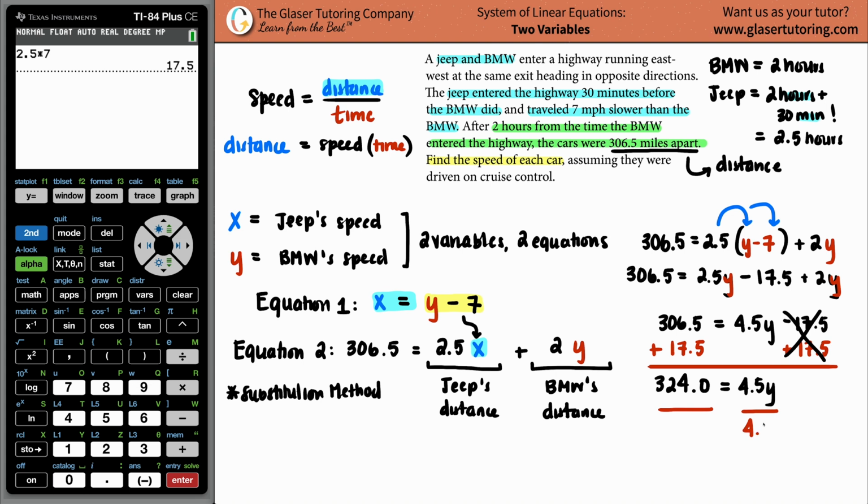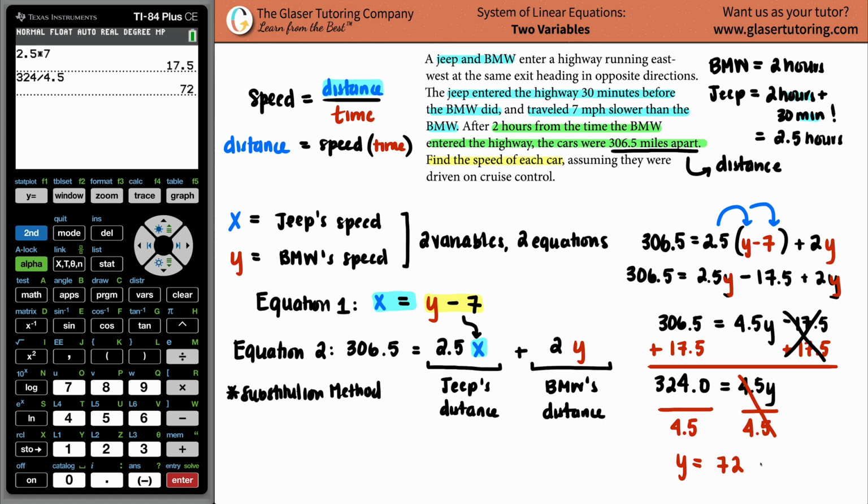And we're going to find y, which is the BMW speed. So y equals 324 divided by 4.5, 72. Uh-oh, in New York, the BMW's speeding.